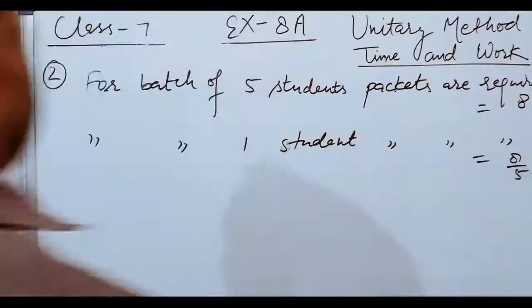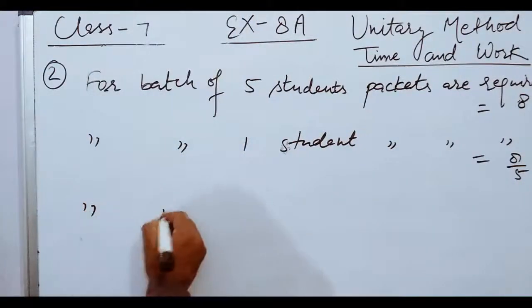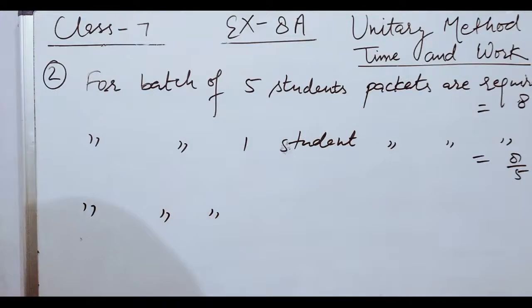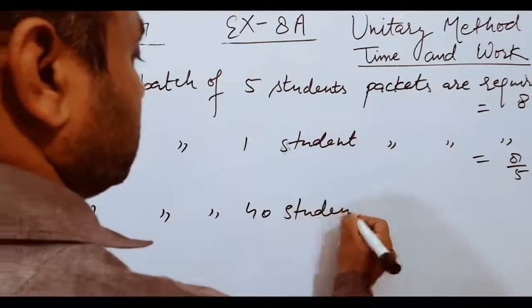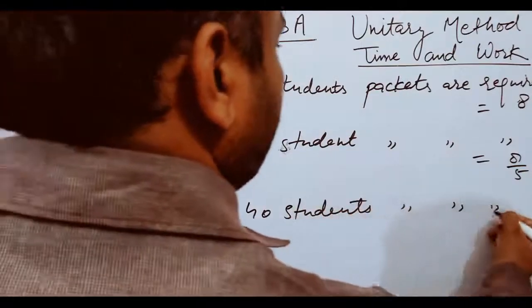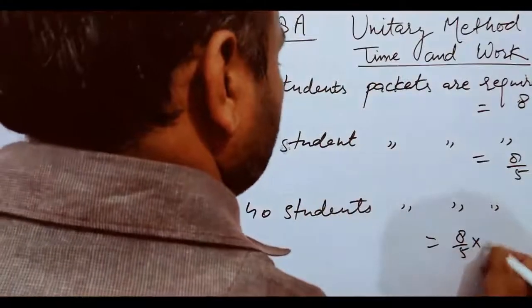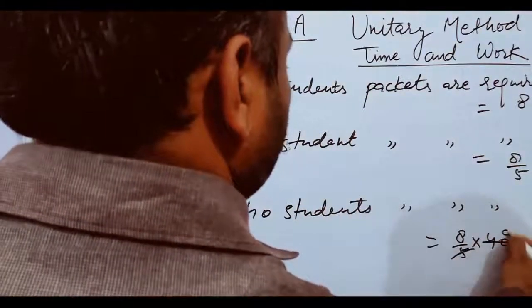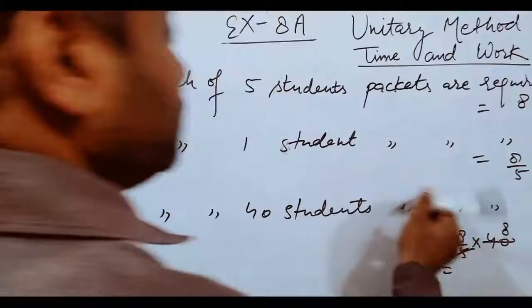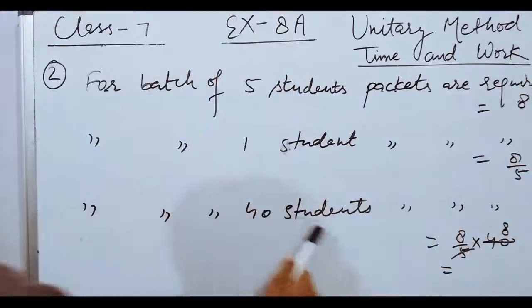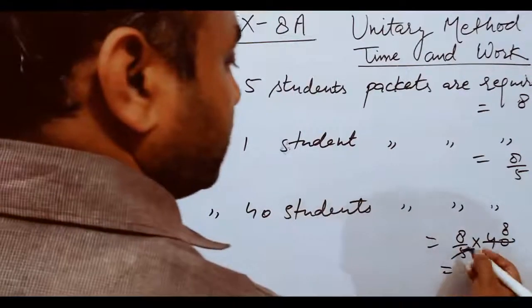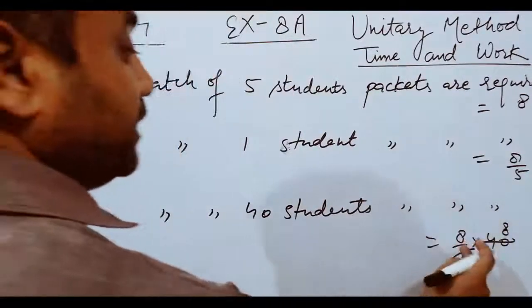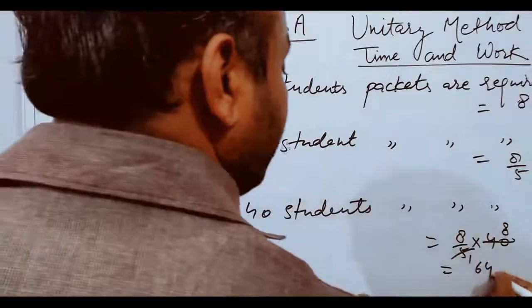For a batch of 40 students, packets required equal 8 upon 50 into 40. First we will divide and then we will multiply to get more. We will multiply, okay, in direct variation. The answer is 64 packets, okay.